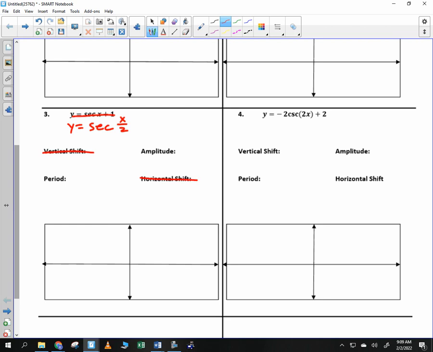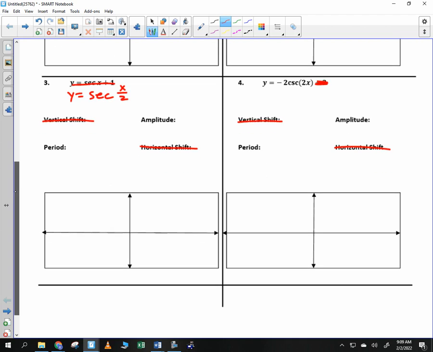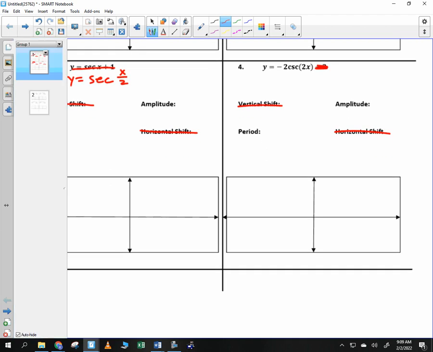No vertical shift, no horizontal shift. Everybody see that? The next one, again, no vertical shift or horizontal shift. We're going to get rid of the 2. And we'll do 2 more.